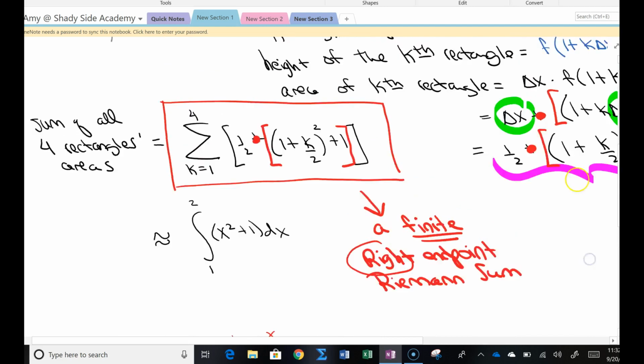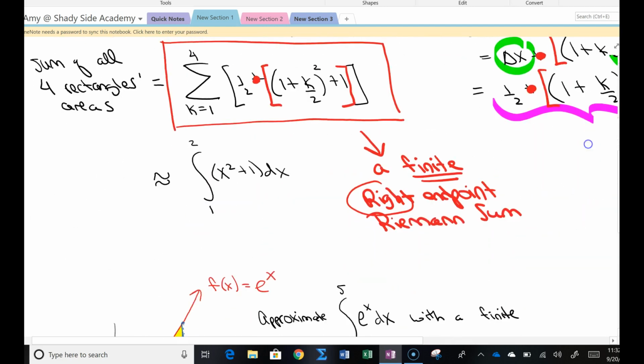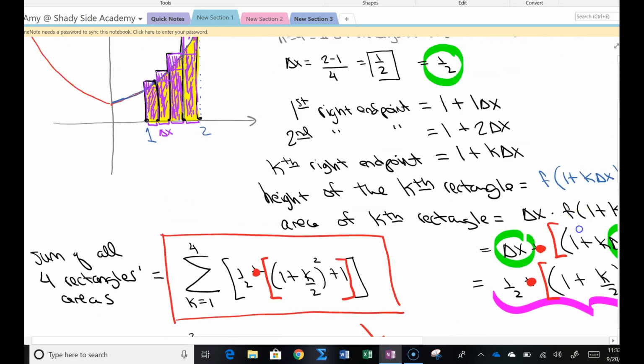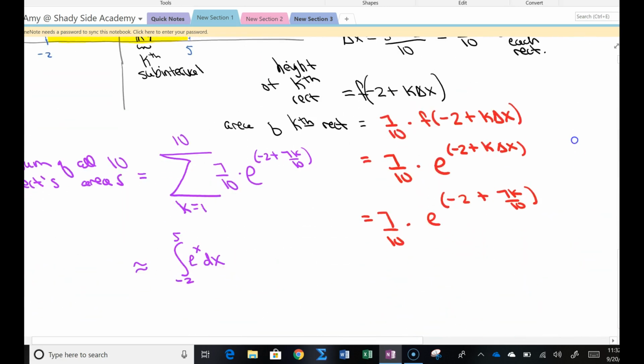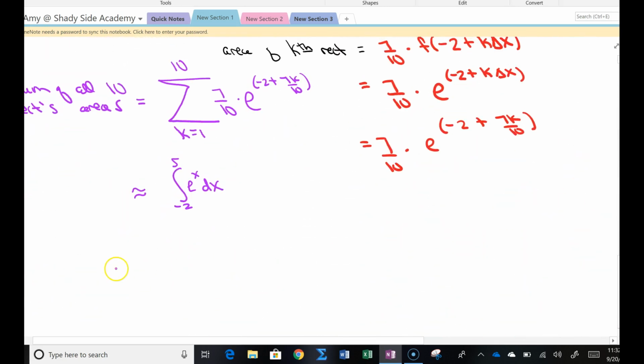I think it's probably obvious to you that the greater the number n is, as you increase the number of rectangles, the better the approximation, because the rectangles get skinnier and skinnier. And frankly, I can write this.